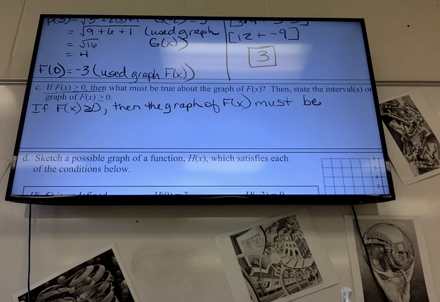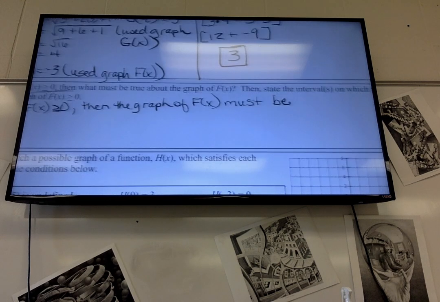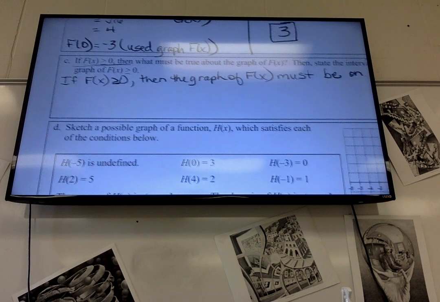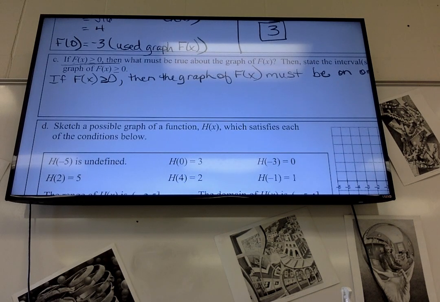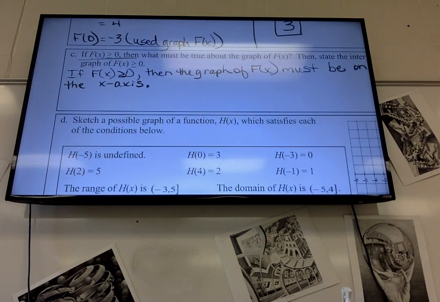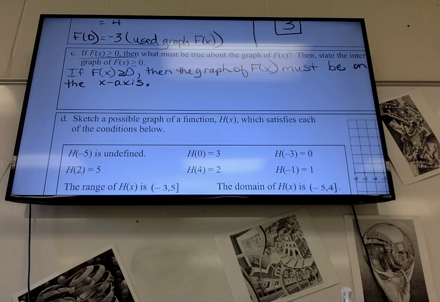Above. And if it's equal to, where is it? On. So that's what we say. It must be on or above the x-axis. Then state the intervals on which the graph of f of x is actually greater than or equal to 0.